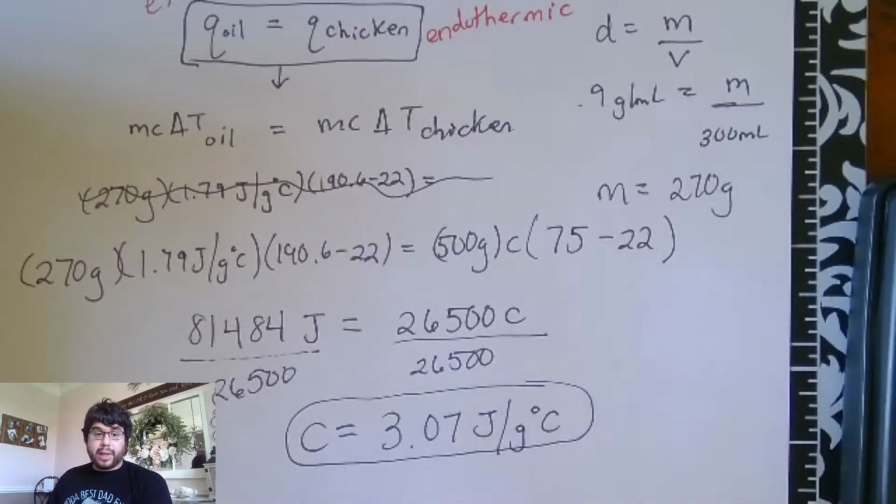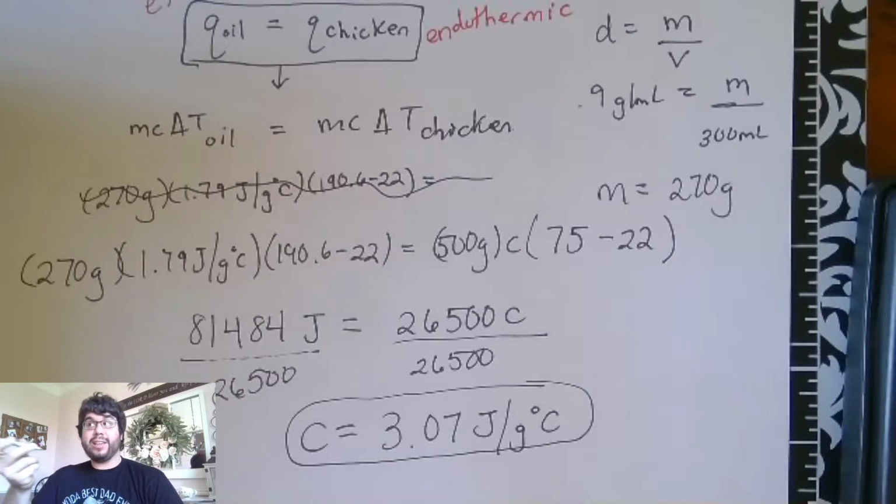And you might remember that I told you specific heats for most substances are really low, like metals and stuff like that. Chicken obviously isn't a metal, but chicken at the end of the day is, well, it's chicken. It's the animal. And cells, what are cells mostly made of? They're made of water.